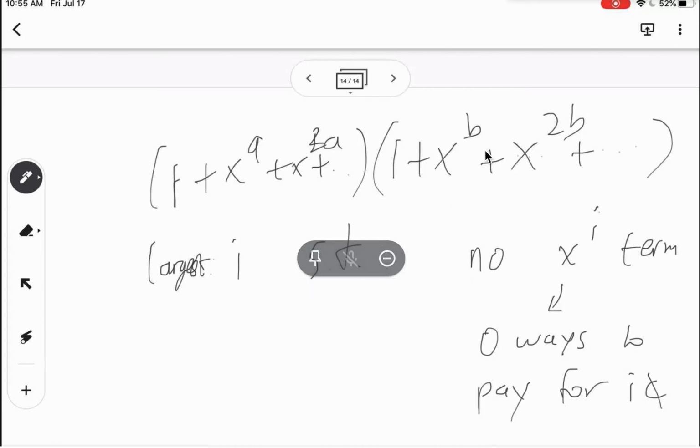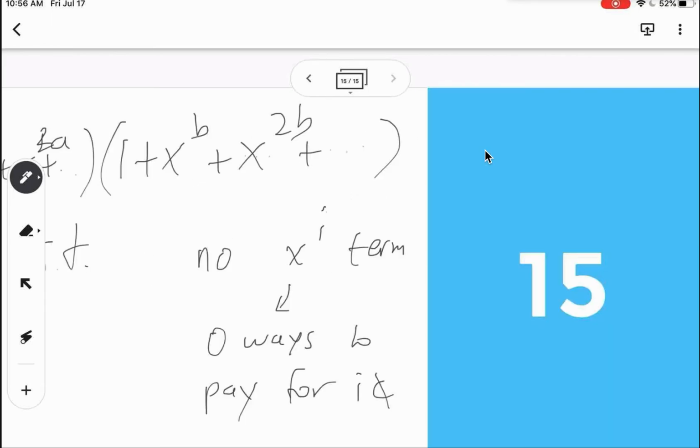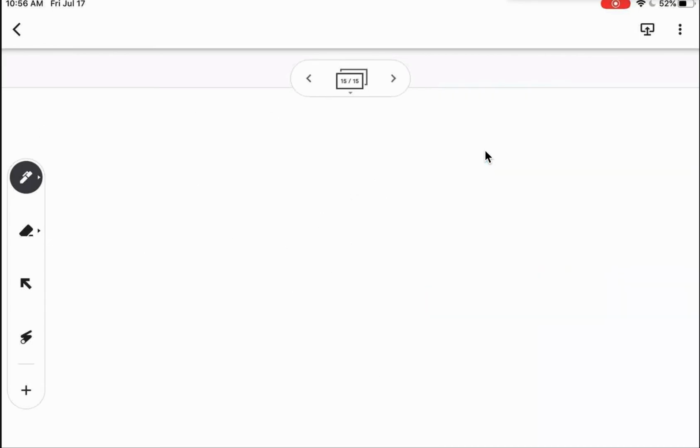Okay, I think this may actually be a bit more complicated than I thought. Anyway, so another way to write this would be 1 minus x to the a, right?